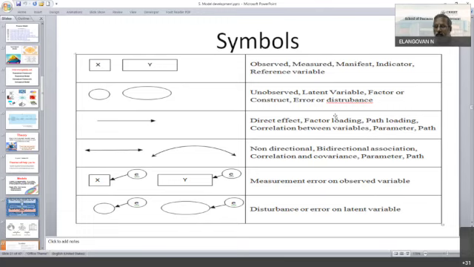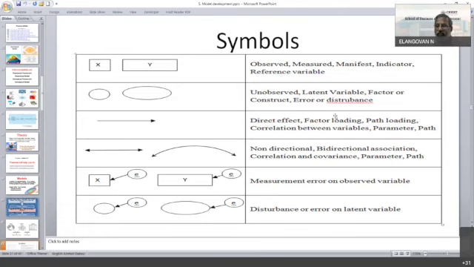It's temporal. It's time, and the arrangement of a particular variable is what indicates whether it is an independent variable or a dependent variable. If the variable is on this side, it is an independent variable. If the variable is on this side, it is a dependent variable. So that's the arrangement.